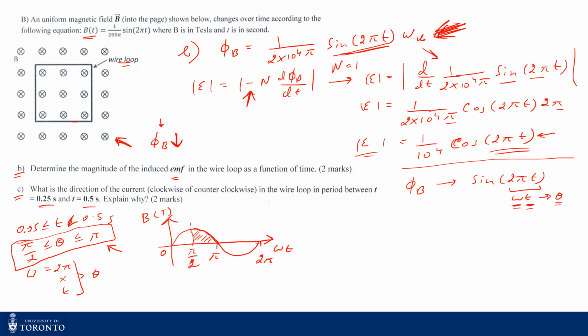That means the direction of the induced flux should also be in the same direction, so that it sums up to cancel out the decrease. If I apply the right hand grip rule and point the thumb inside the page, I would have a current direction clockwise.